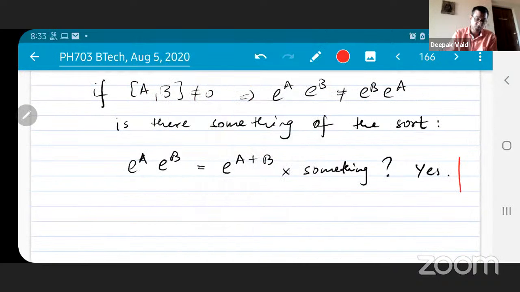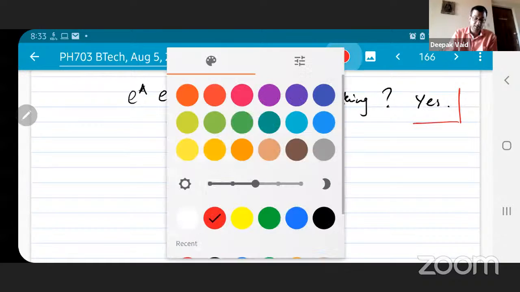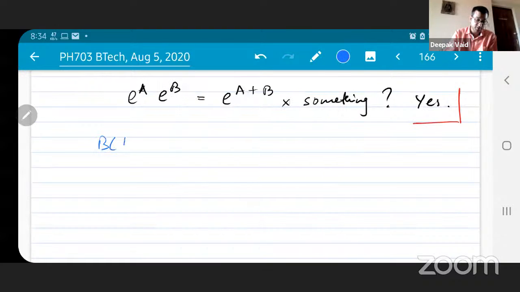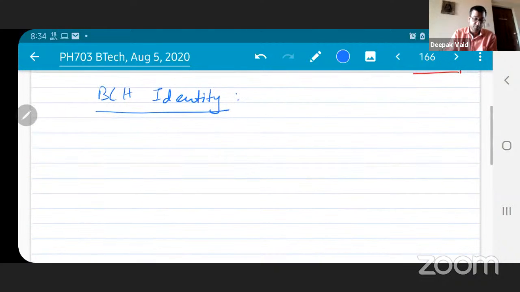That answer is what is known as the BCH identity. So now let me mention, the BCH identity is the following: if you have exponent alpha A, alpha B, you don't need to put alpha, you can just write in terms of A and B, it's understood.